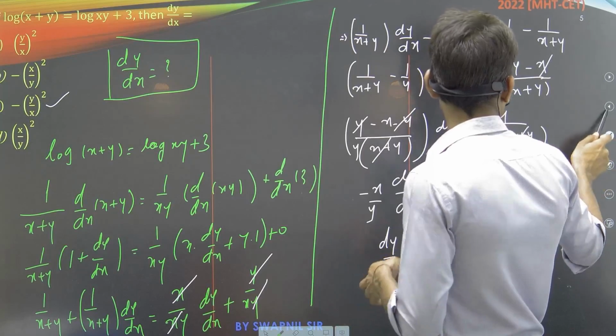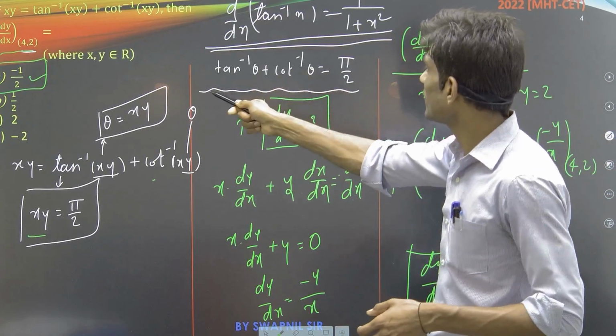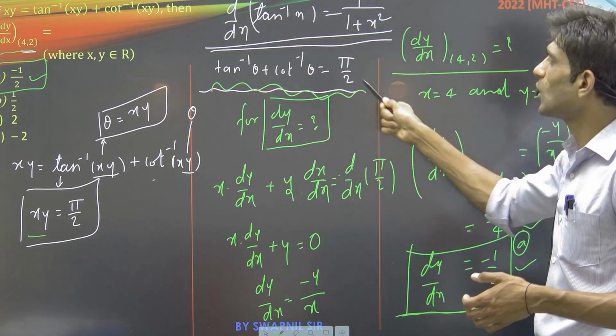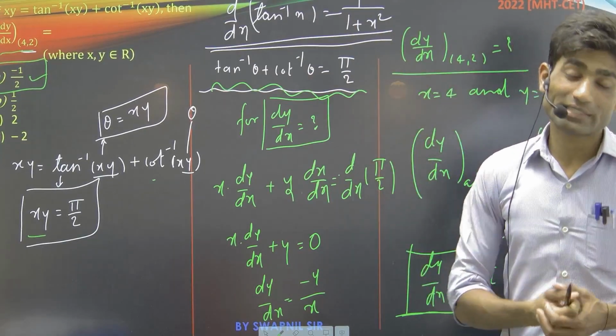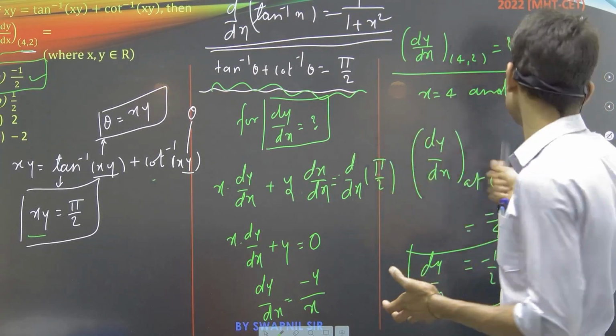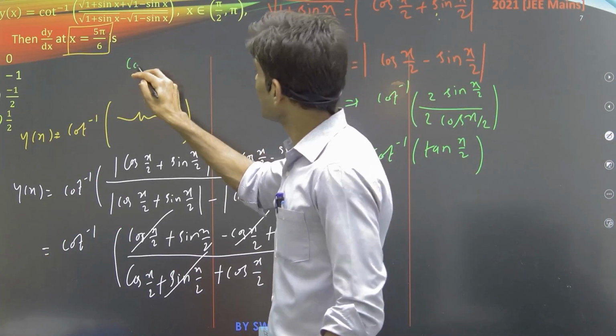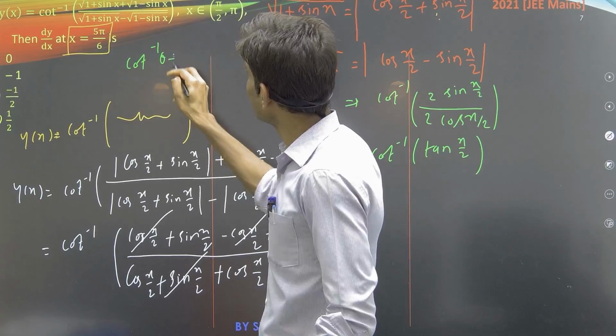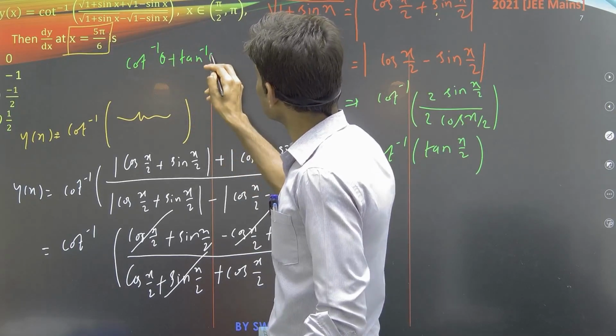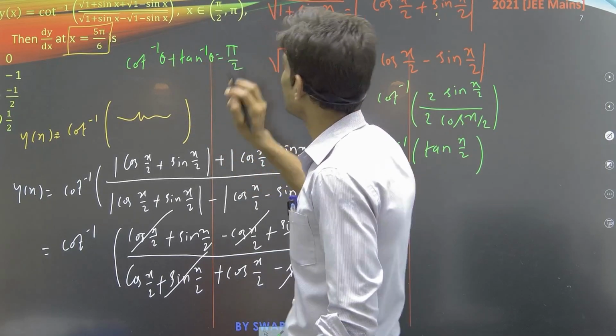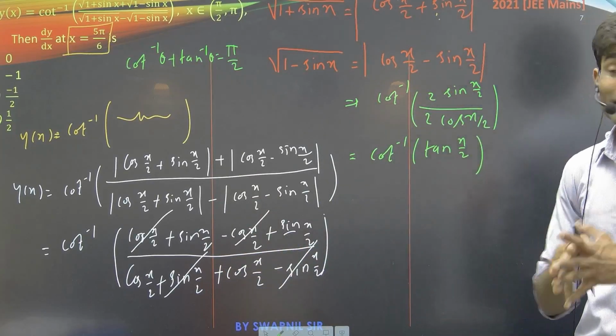So we have learned here tan inverse of theta plus cot inverse of theta gives us the value pi by 2. So apply the same inverse trigonometric result in this example, okay. So cot inverse of theta plus tan inverse of theta is pi by 2.